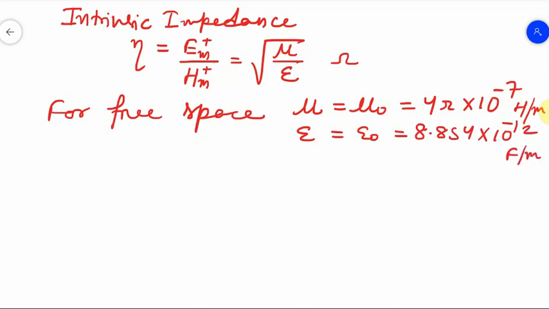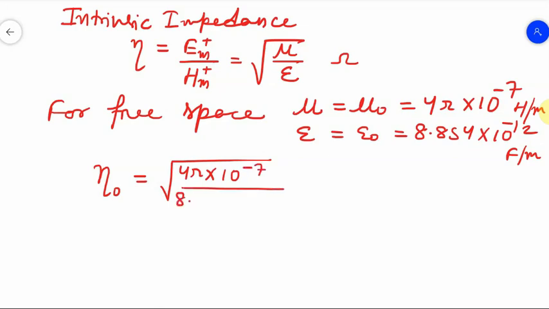If we put mu 0 in place of mu and epsilon 0 in place of epsilon, then we get the intrinsic impedance for free space, eta naught, equal to root of 4 pi into 10 to the power minus 7 upon 8.854 into 10 to the power minus 12.